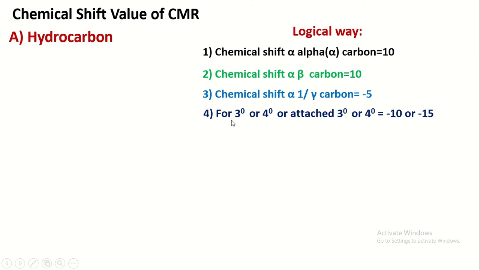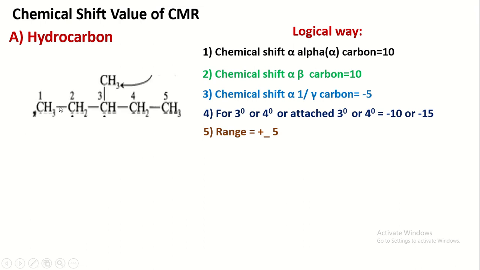For tertiary carbon, subtract 10 and for quaternary carbon, subtract 15. Then the total chemical shift is calculated by addition and subtraction in this logical way, and this chemical shift gives the range by addition of +5 or subtraction of -5.